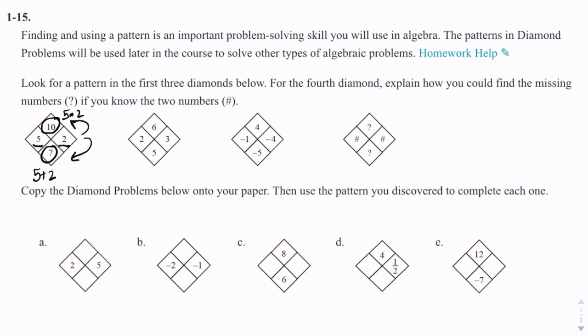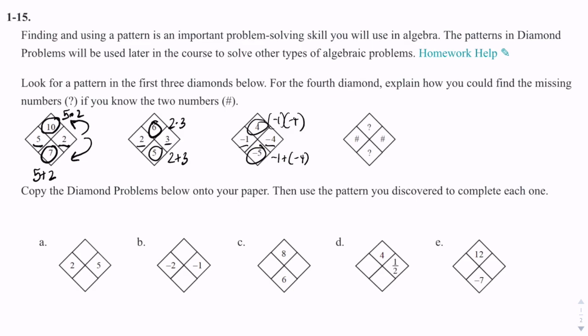So same here, right? I have the 5, which is 2 plus 3, and I have the 6, which is 2 times 3. We're using these middle numbers. Same for the middle one. I have the negative 5, which is -1 plus -4, these two numbers, and the top, the 4, which is -1 times -4.